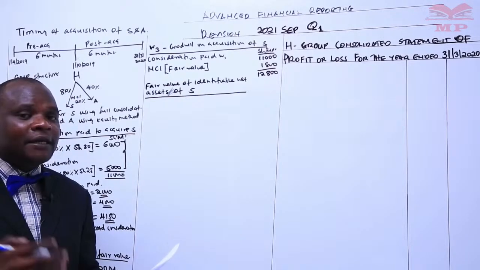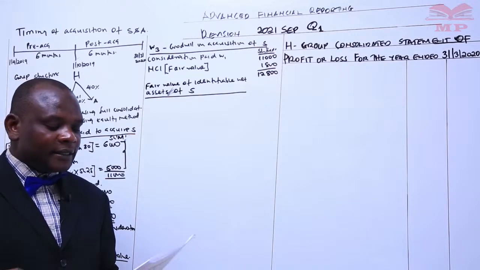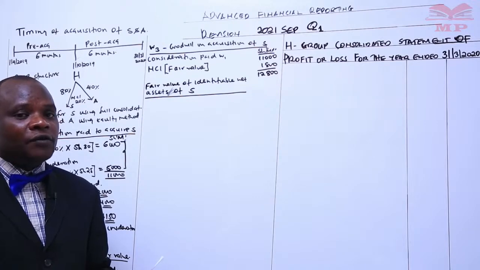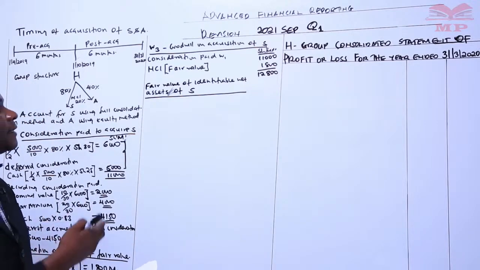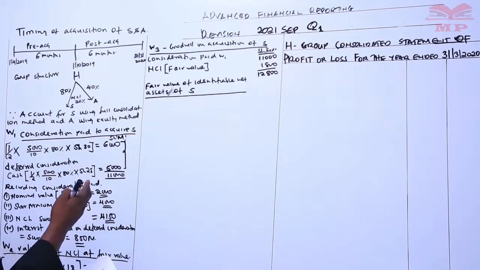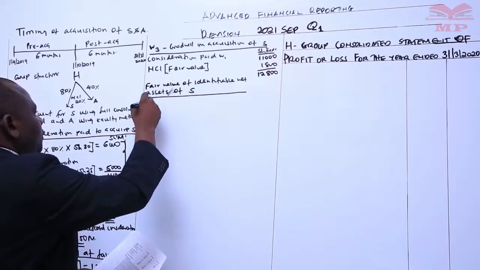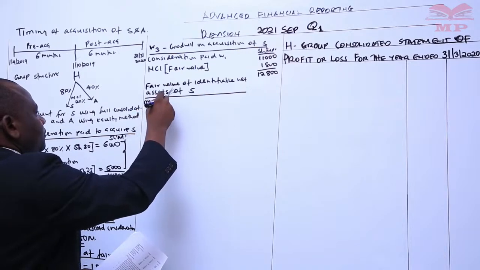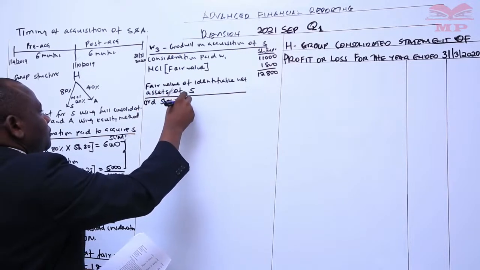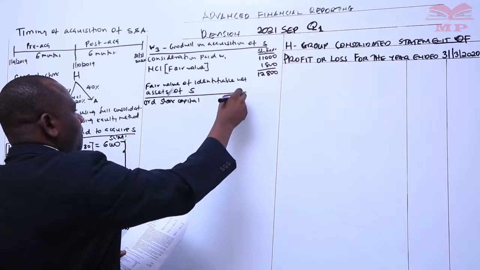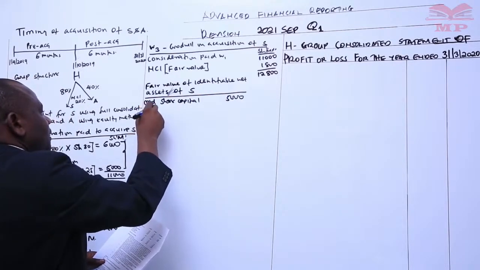Fair value adjustment means some of the assets owned by S gaining value at the date of acquisition. And so that is a benefit to S that must form part of the net assets. So ordinary share capital is 5. Pre-acquired retained earnings.